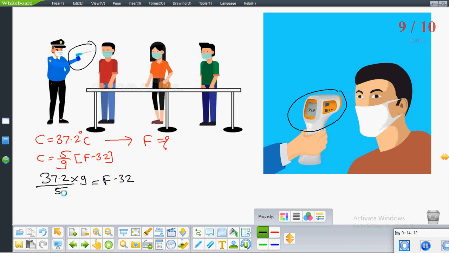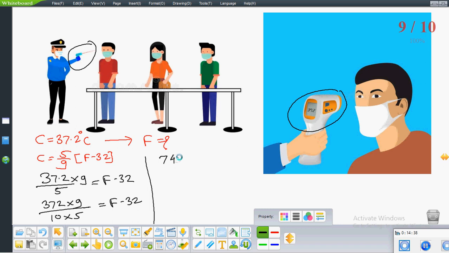So from this, 372 multiplied by 9 divided by 10 multiplied by 5 equals F minus 32. 5 sevens are 35, 5 fours are 20, remaining point is 2.